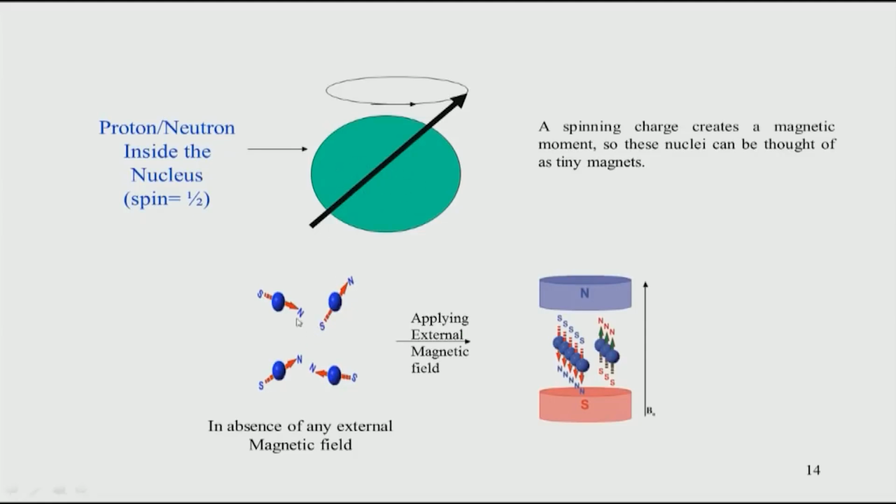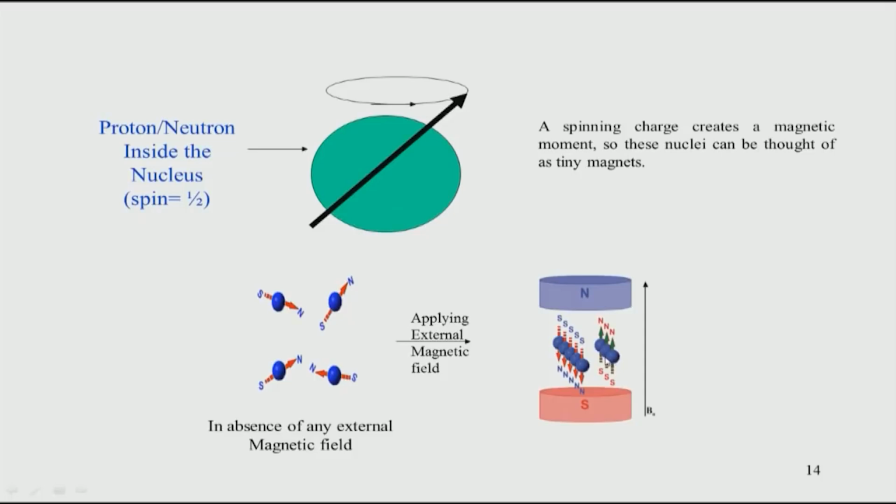If you take a collection of spins, they are basically a set of magnets in the sample. These magnets are very tiny because the nucleus is very small. When they are put in a magnetic field, they start aligning with the magnetic field. Some of the spins will be aligned parallel with the magnetic field, where the north pole faces the south pole, and anti-parallel means oppositely aligned spins.